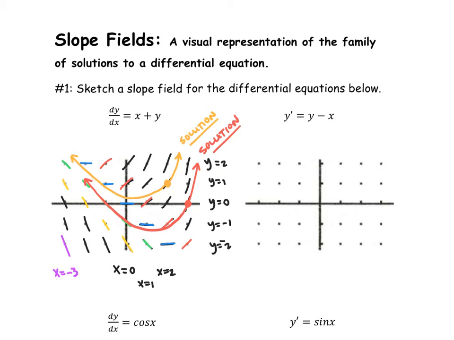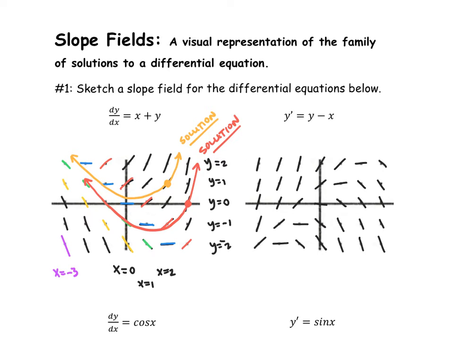So why don't you pause the video and I'll complete it off screen. Okay, I've drawn the slope field for y prime equals y minus x. It looks like we've got some kind of oblique asymptote here. I could sketch a solution curve.